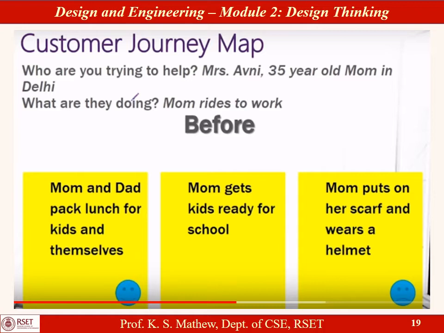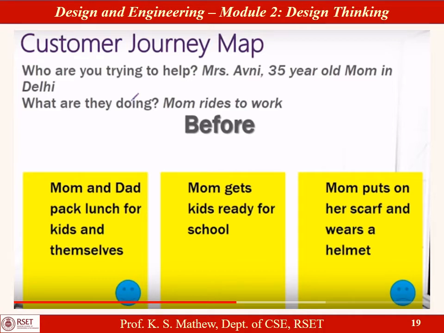So at least there should be three stages in a journey map. You can have more stages, which is always better, but at least three. And in each stage, there will be multiple steps. So before doing an activity, what are the different steps he or she does?